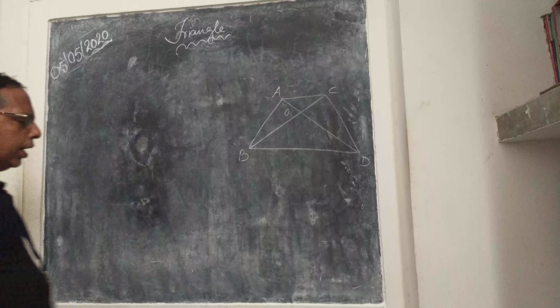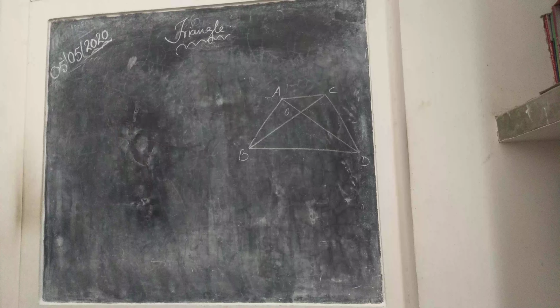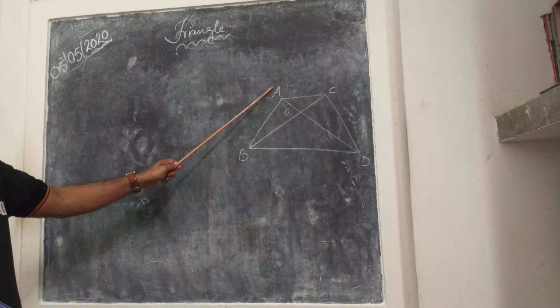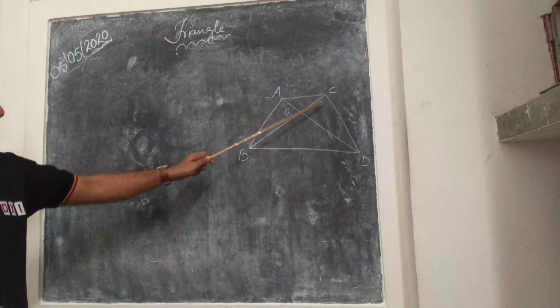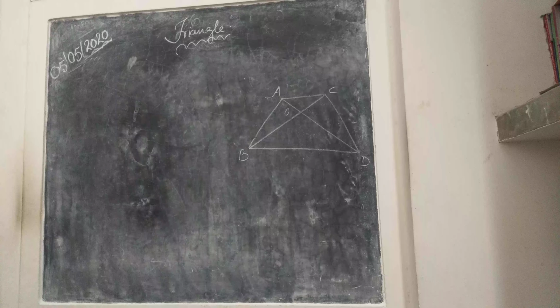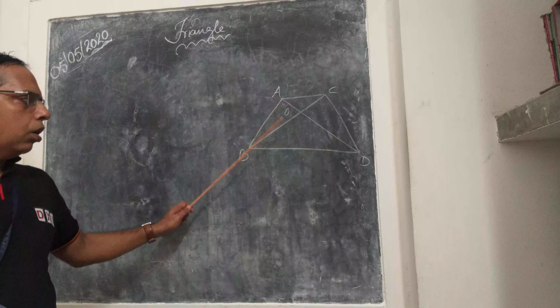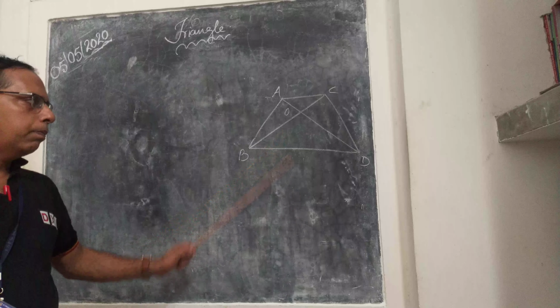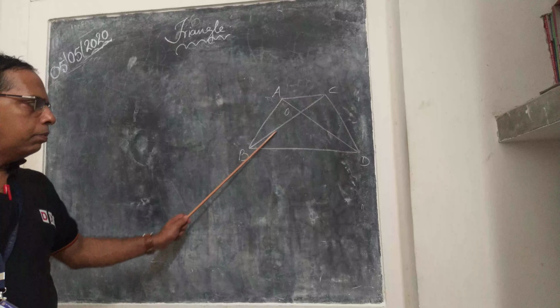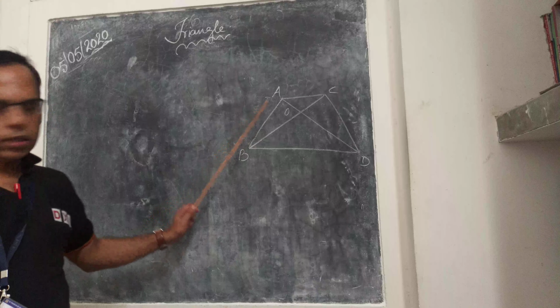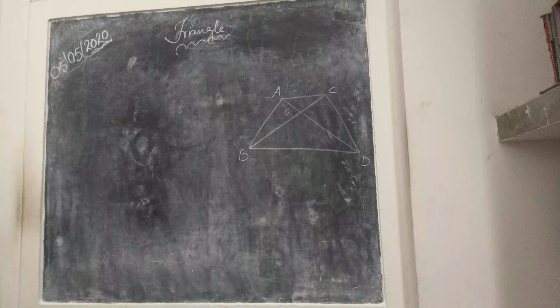Triangle ABC and triangle DBC both stand on the same base BC. Yes or not? That is, triangle BCD and triangle ABC both stand on the same base.